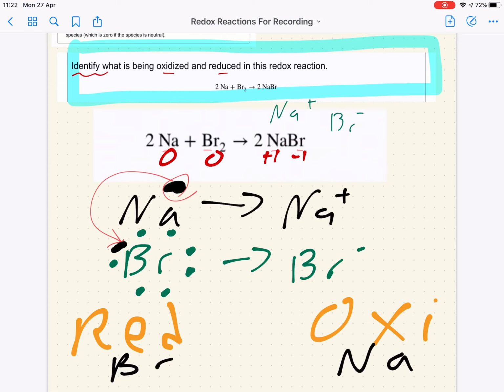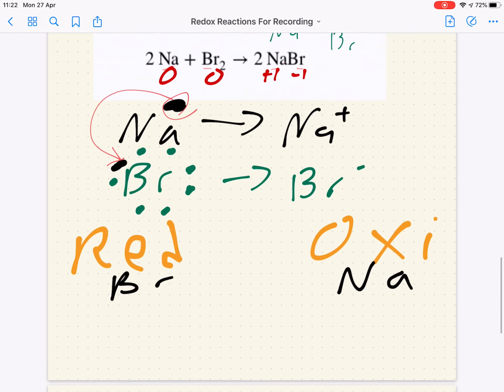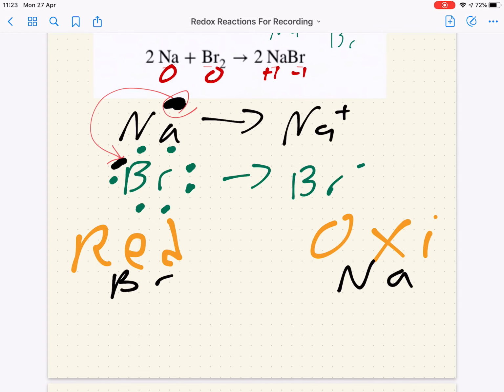Another way you can do this is you can look at how the oxidation number changes. Check out bromine. It's going from 0 to -1. That oxidation number is being reduced. It's going down. So that means its oxidation number is being reduced.